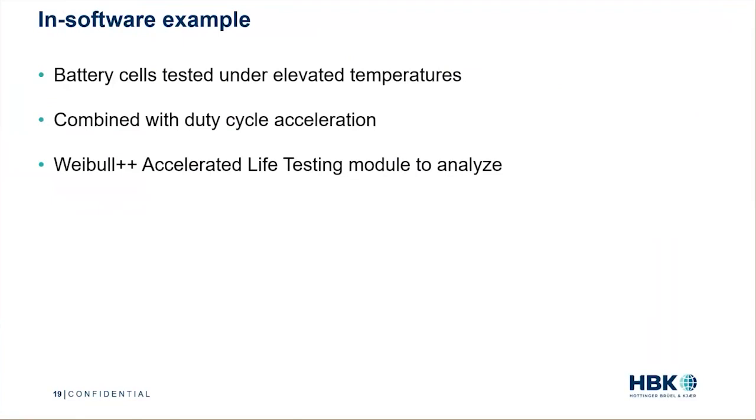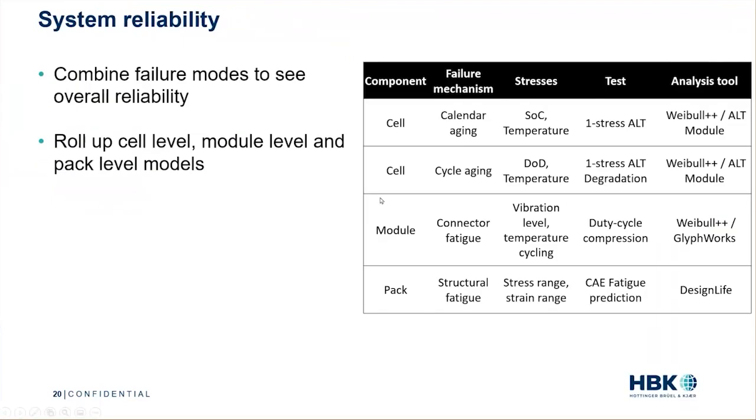But now let's say we want to go one step further, right? We want to say, okay, we've got these different failure modes. What does that mean for the whole battery pack, right? So let's say we've characterized our 4 main failure modes, and we've got them at different levels of the battery pack hierarchy.